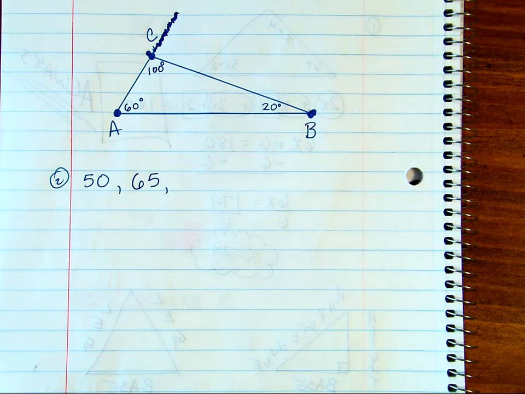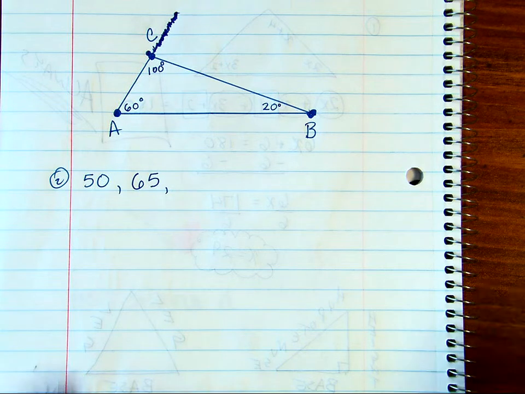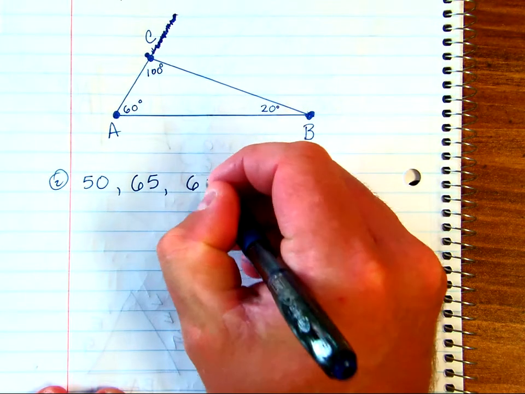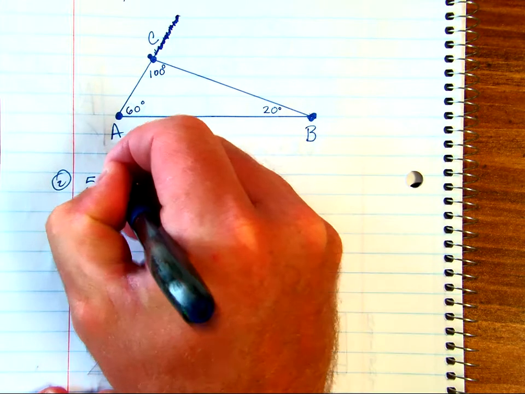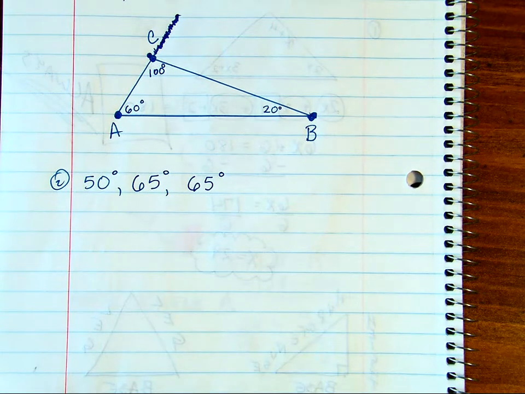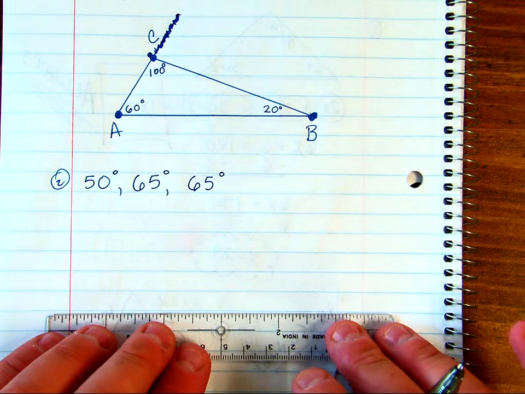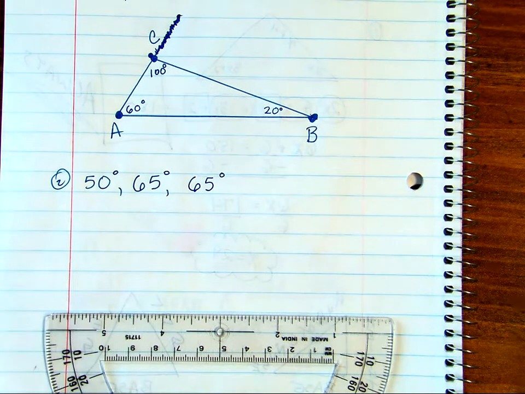Emma? It'd be 65. It would be another 65 degrees. So, what are we going to draw first? The base. And I'm going to use pencil this time so that I can erase when I'm all done.